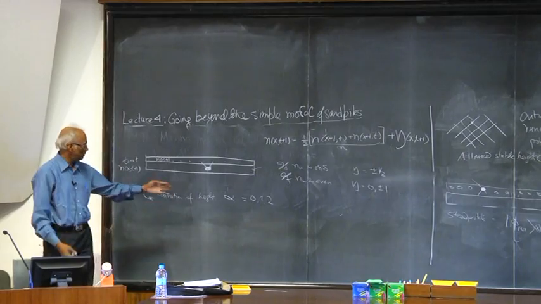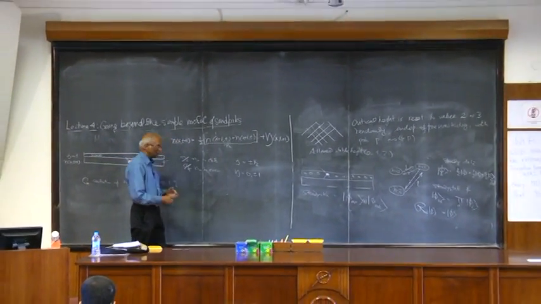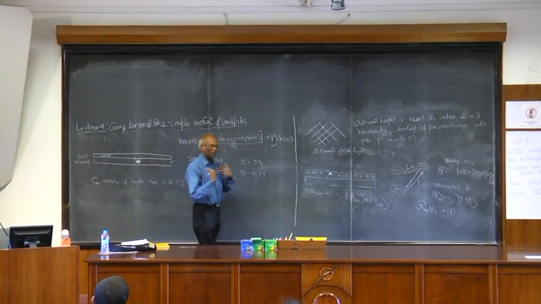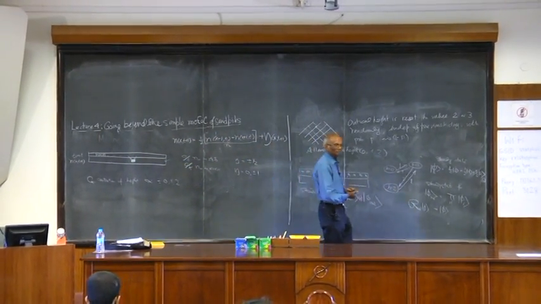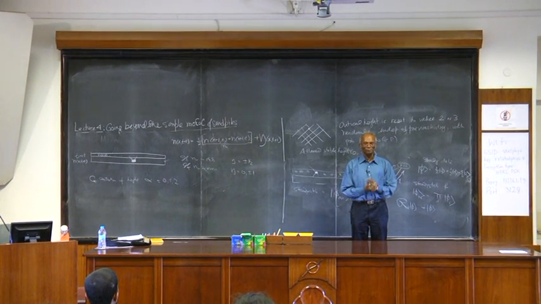Of course, C0 plus C1 plus C2 should be 1, and then I will prepare a background with a given concentration, and then I add a single perturbation at one site and see how it evolves.